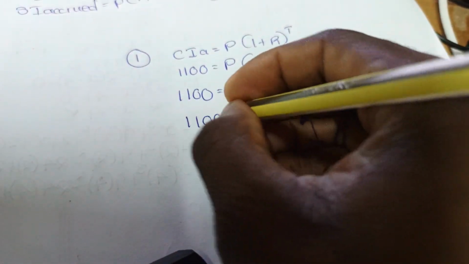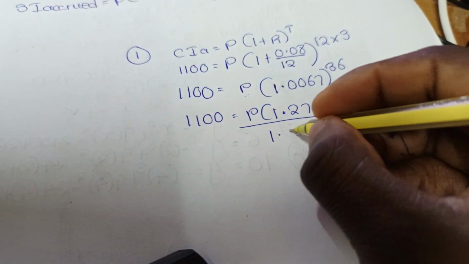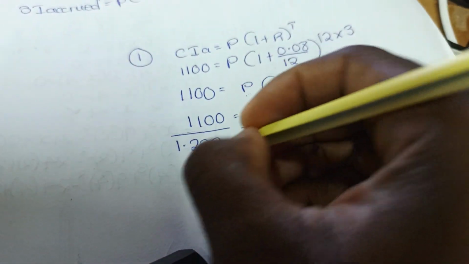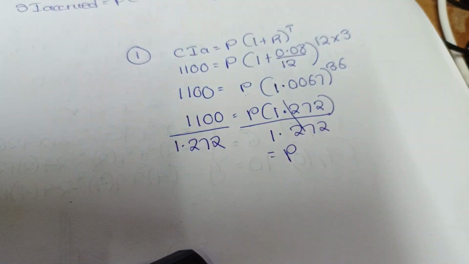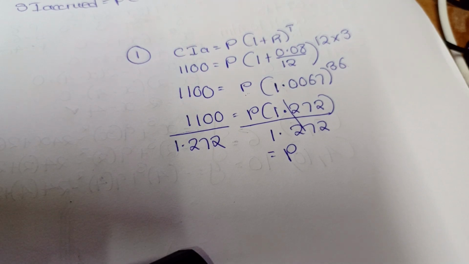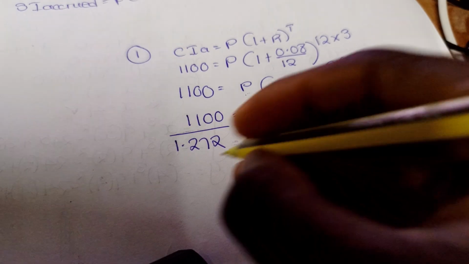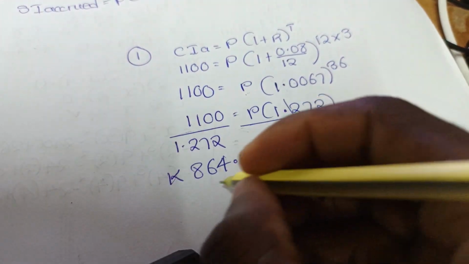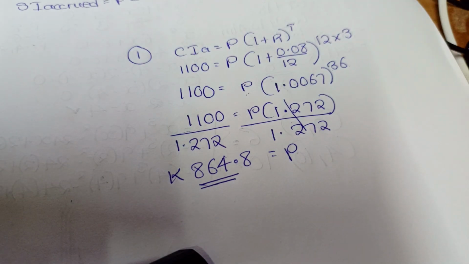Then from here, we're interested in P, so divide both sides by 1.272. So the principal will be equal to 864.8 kwacha. So this is the principal amount that will amount to 1,100 after a period of 3 years.